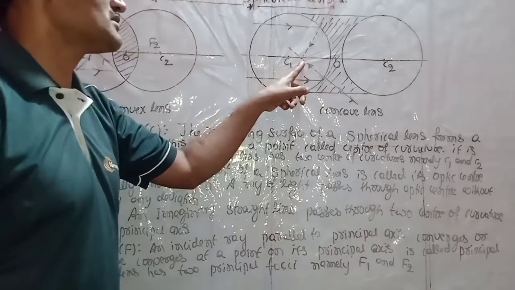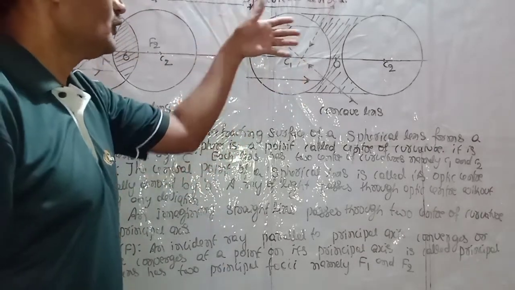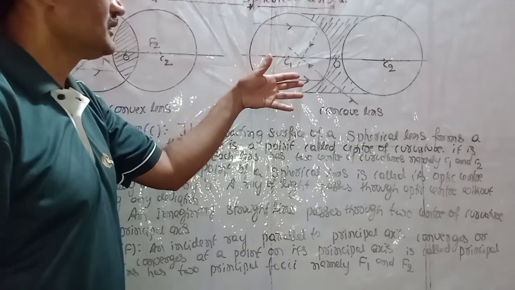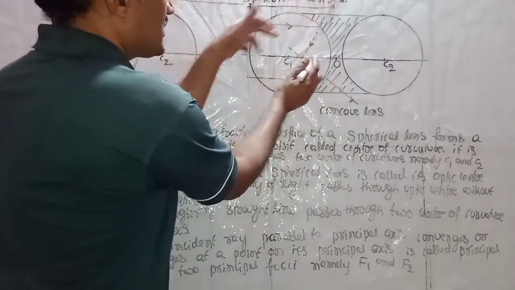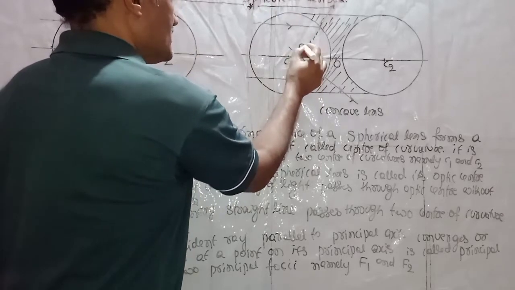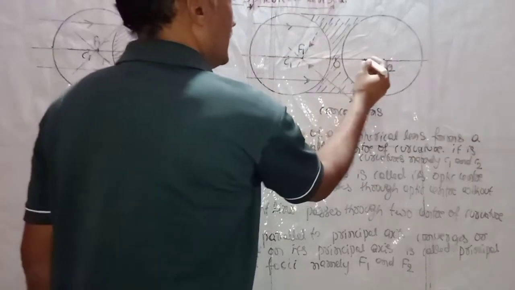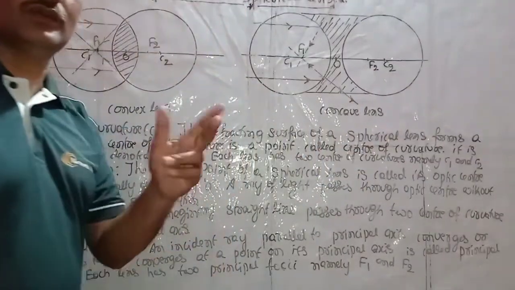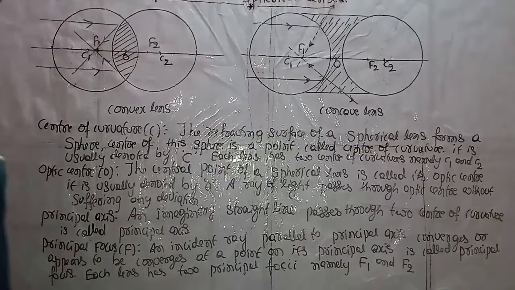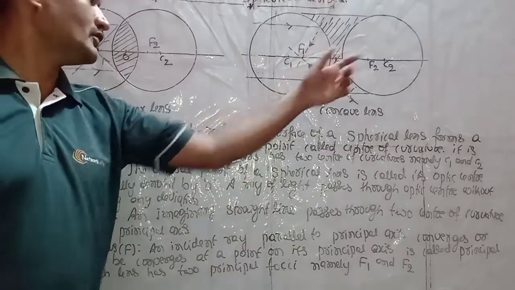So if two parallel beams of light come in, they converge at this point, which is F1, and here also, F2, because each lens has two principal foci, F1 and F2.